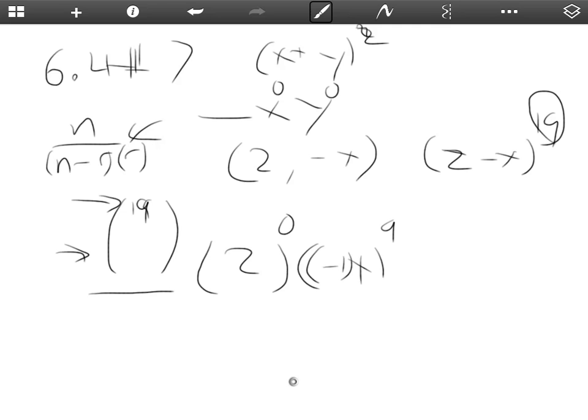The binomial theorem states that it's n choose r, or sorry, nCr times x to the n minus j times y to the j. For those of you who don't know what this is, bear with me for a second. That's a j, that's the best j I can do.